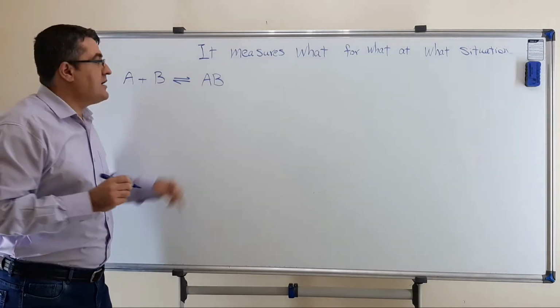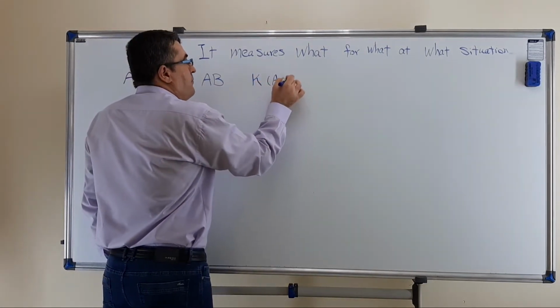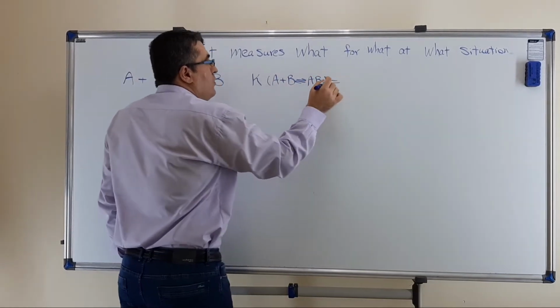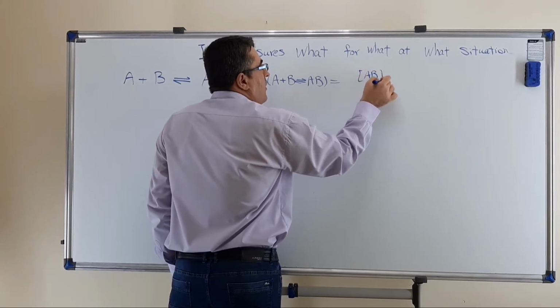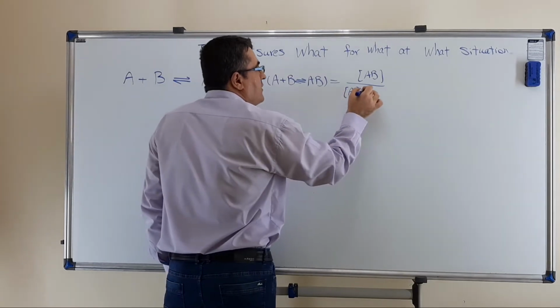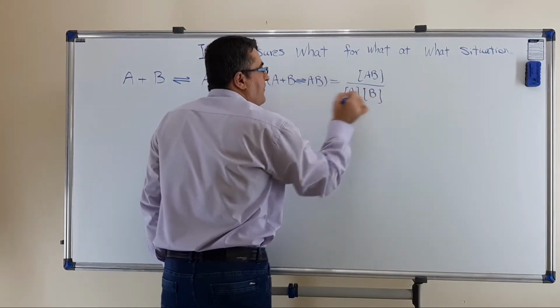The equilibrium constant for this reaction, K of A and B yields AB, is equal to the equilibrium concentration of Lewis adduct over the equilibrium concentration of Lewis acid times the equilibrium concentration of Lewis base.